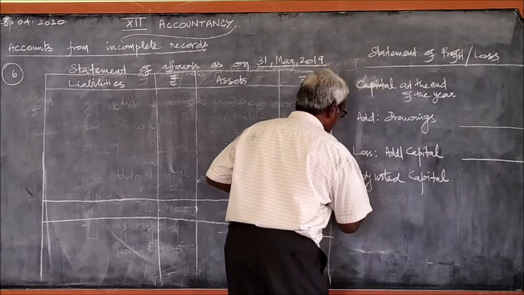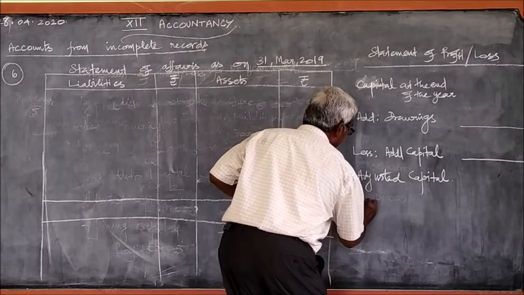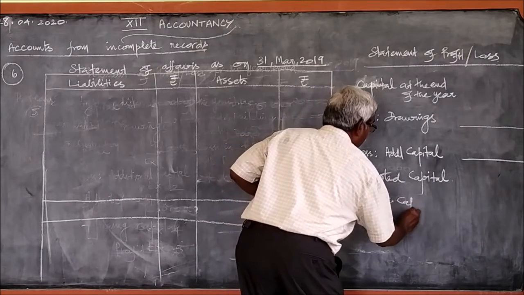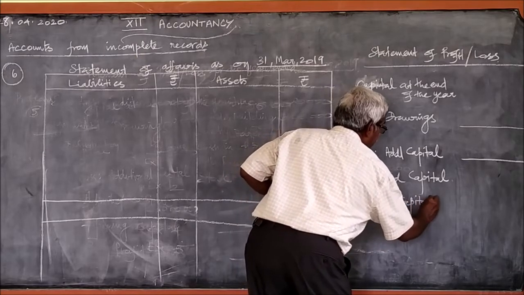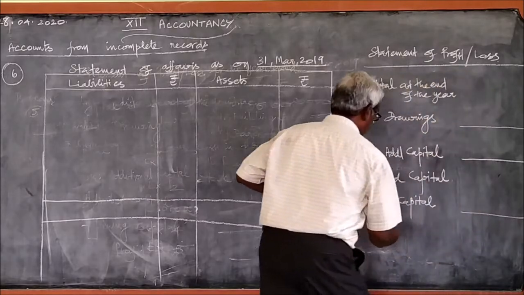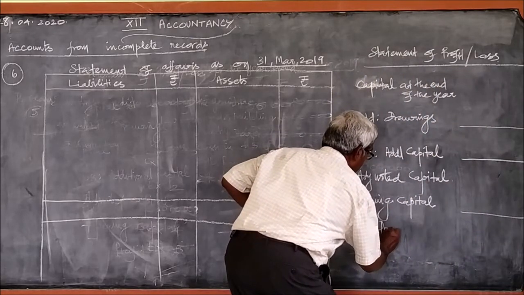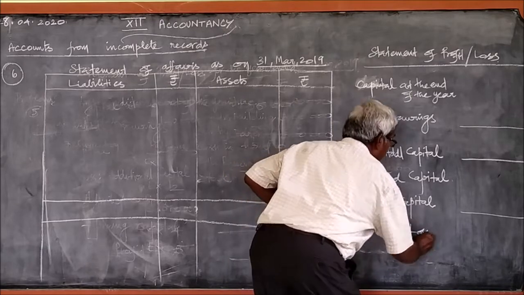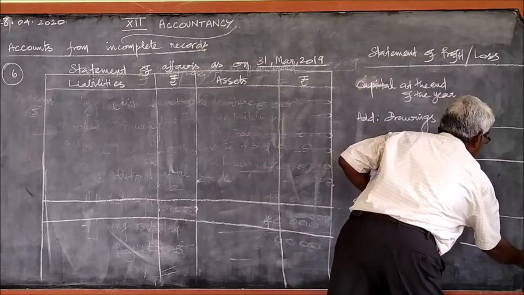With that adjusted capital we should compare opening capital to find the profit or loss. This is the format we have seen already.